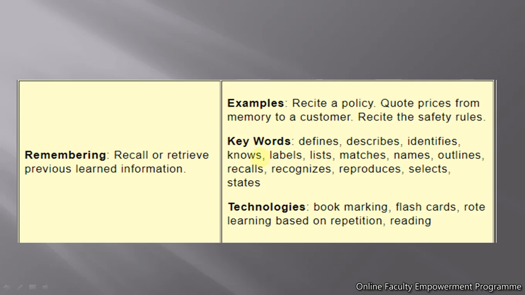Whenever you want to use remembering as the level, that is the first level, you use flashcards, bookmarking, rote learning based on repetition, like multiple times you give the work to read or write something. By using these processes, you will initiate this first level of Bloom's taxonomy. The remembering level may be obtained whenever you are using these types of techniques in teaching.